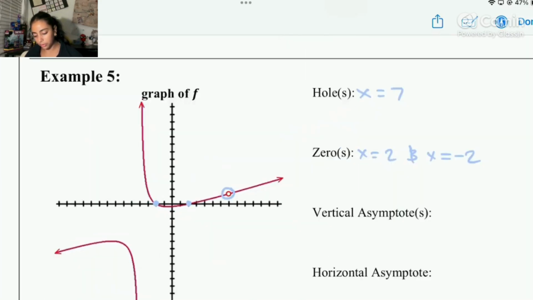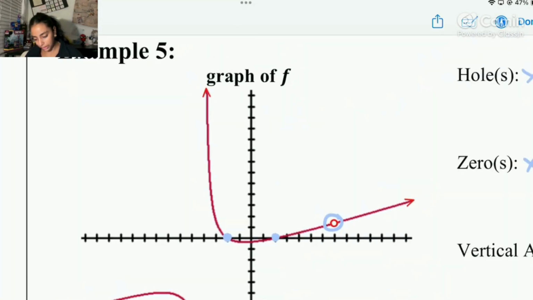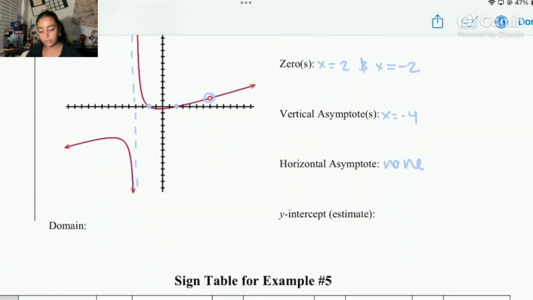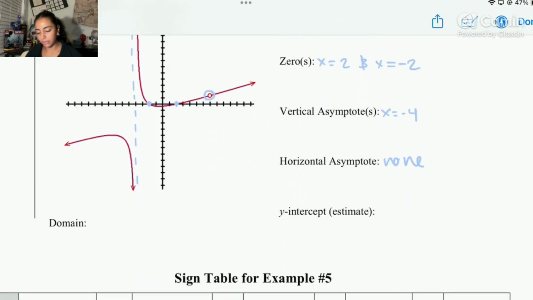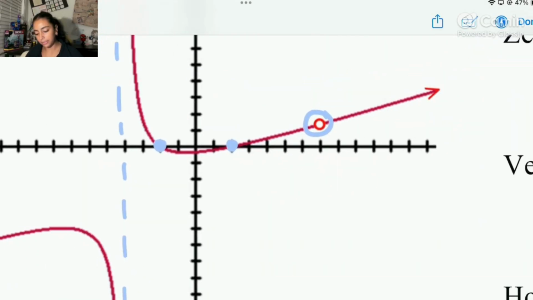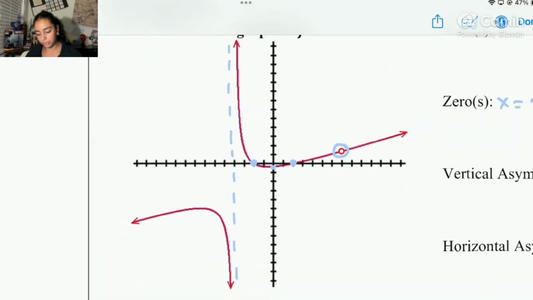And then vertical asymptote, you can see there's one right here at what looks like x equals negative 4. And there's no horizontal asymptote, so you can put none. And for the y-intercept, they're saying estimate because it's kind of hard to see right here, but I'd say it's about negative 0.3, maybe 0.5.